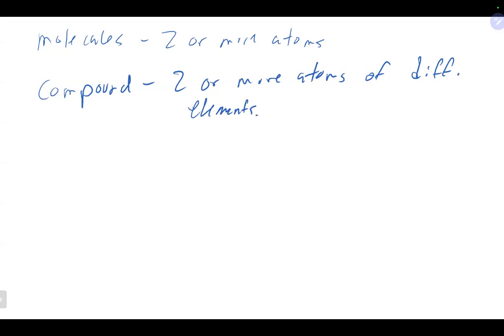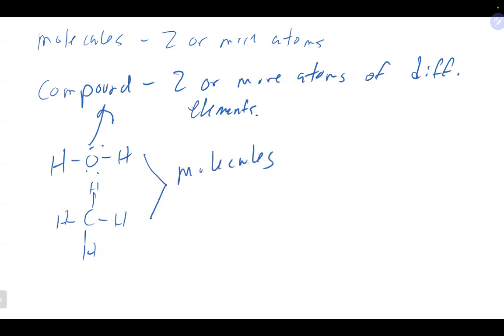You have to have those different elements. Again, the water example and the methane example are all compounds. They're actually both molecules, but neither one could be an element, obviously, because multiple elements are involved.